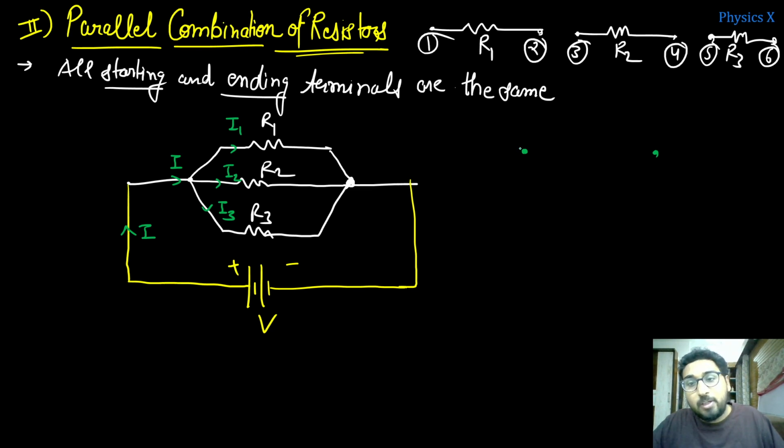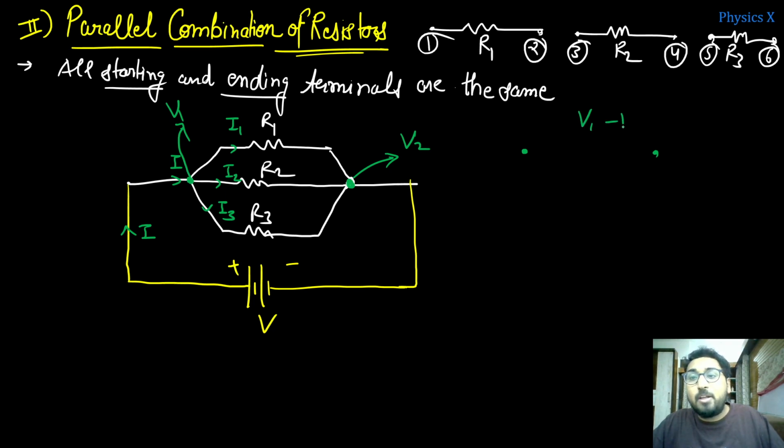At this junction point, you can see that the starting and ending points of all these resistors are the same. Let us say the electric potential at this point is V1, and it is the same for R1, R2 and R3. And suppose V2 is the electric potential at this other point, which is the same for all of the resistors.